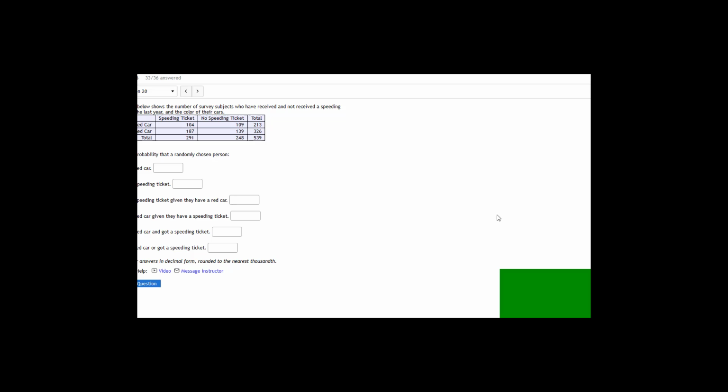What I'll do is input the information that I actually get here into MyOpenMath. I do have it open, as you can see, right over here.